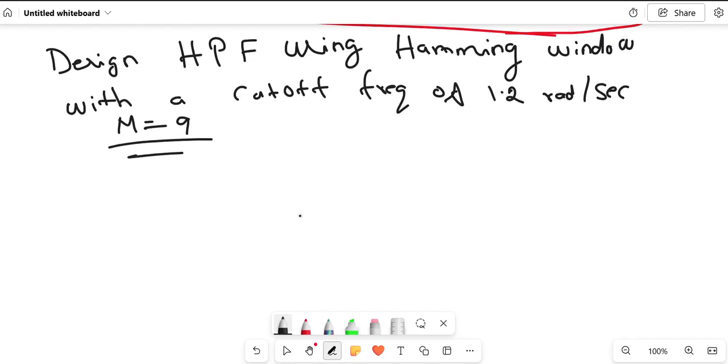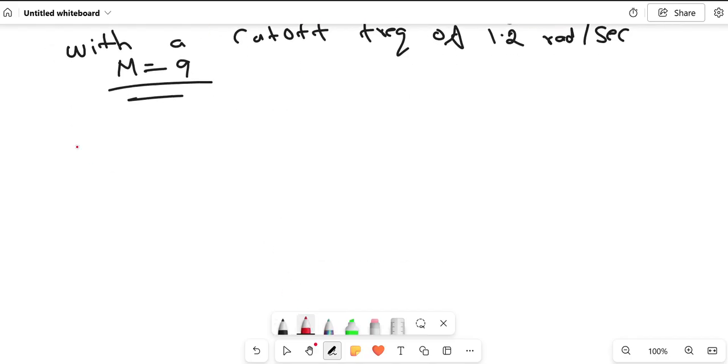So, what is the first step? Step 1: what is the desired frequency response? It is a high pass filter. Do you remember the high pass filter frequency response?